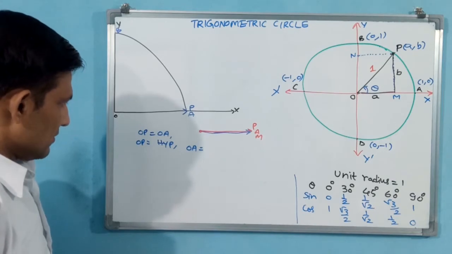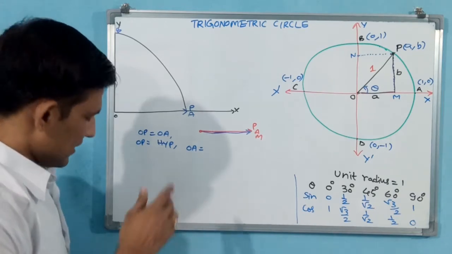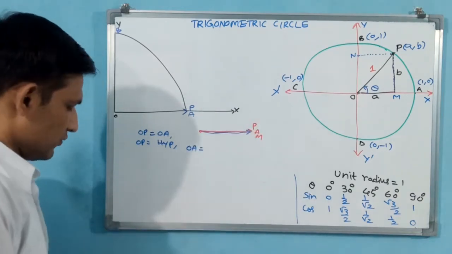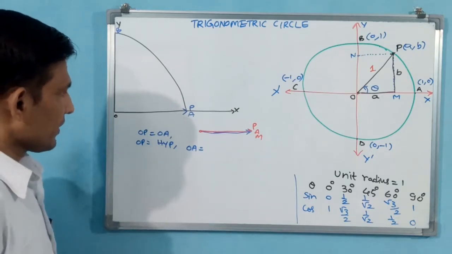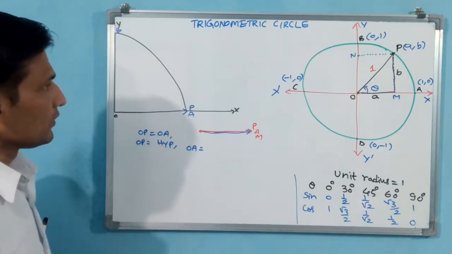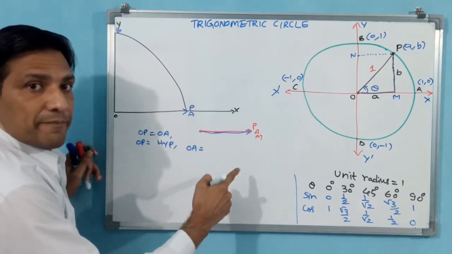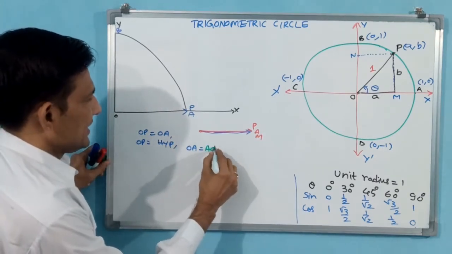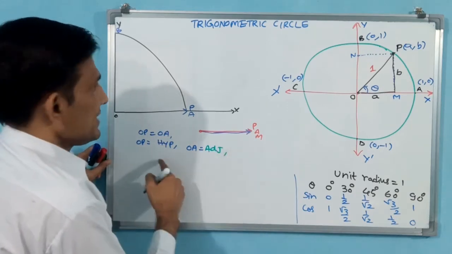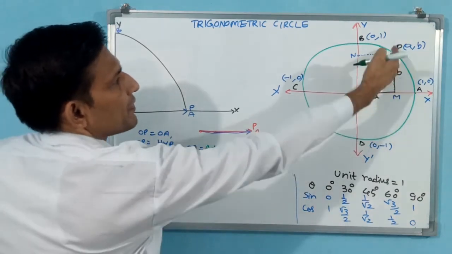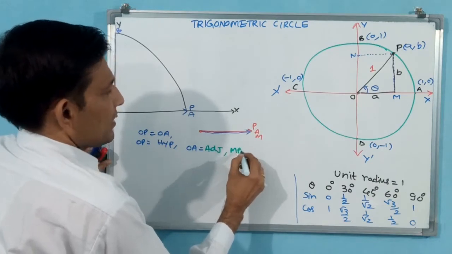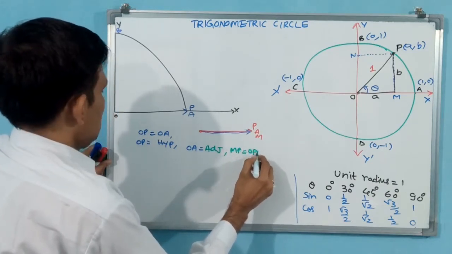Now, yeah, I will write those values also. You see how I am writing. OA is equal to OA, adjacent side. And MP is equal to opposite side.